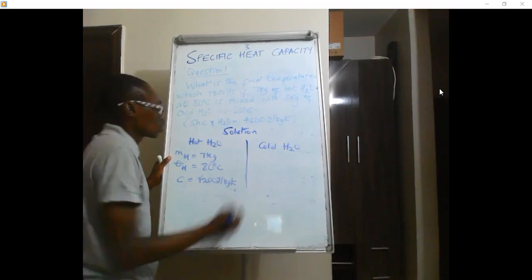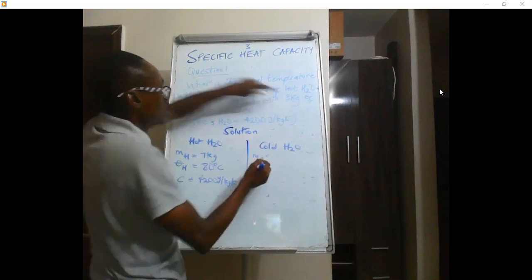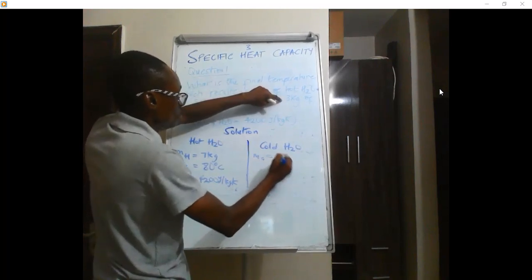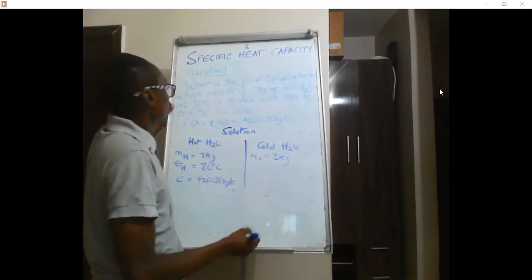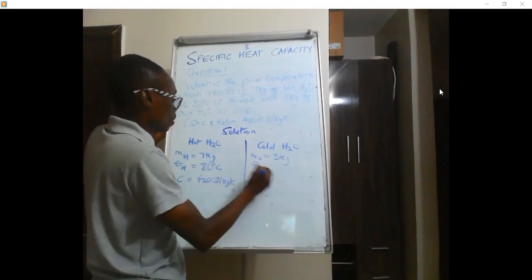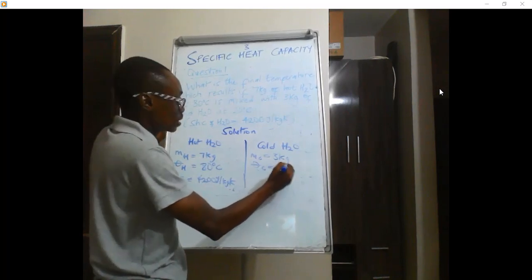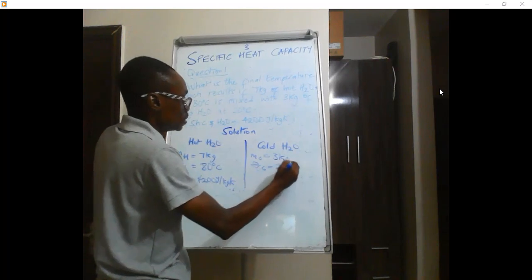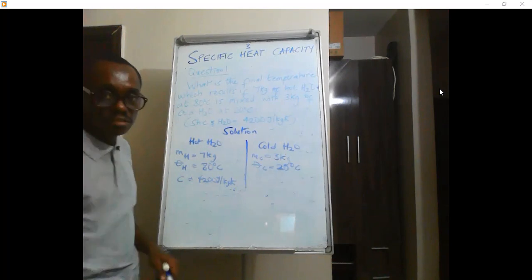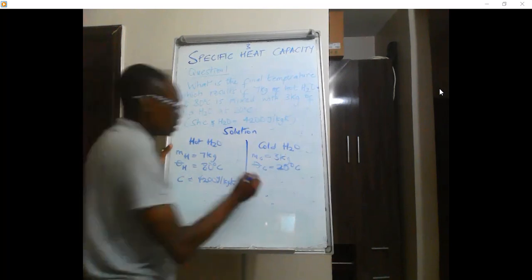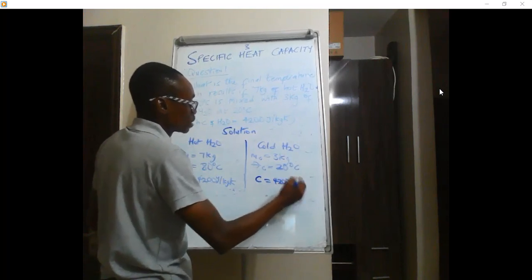Okay, so for cold water, the mass of cold water is 3 kilograms. The temperature of cold water is 20 degrees Celsius. The specific capacity is still the same value because we are dealing with water.